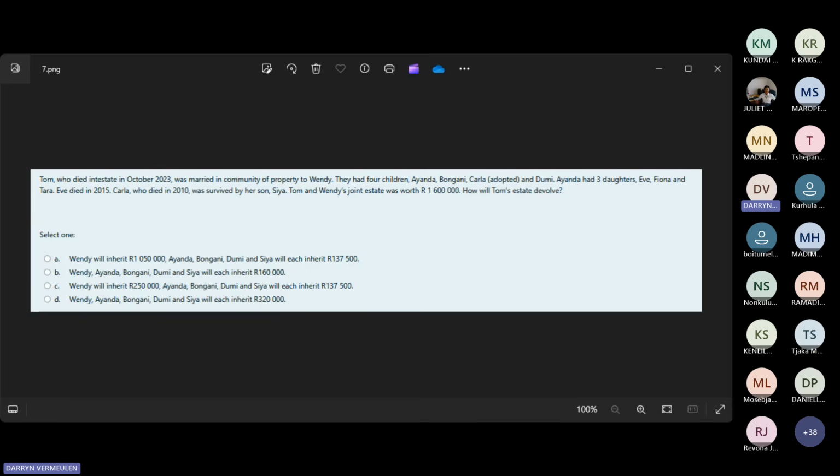So Tom has died, and his 800,000 has to devolve on someone. First, as Kundai was saying, we calculate the child's portion, because we have to decide whether Wendy gets the 250,000 she's entitled to by law, or the child's portion, because she gets the higher of the two. If we take 800,000 and divide it by 5, because we take the 4 children and the spouse, that gives us 160,000.